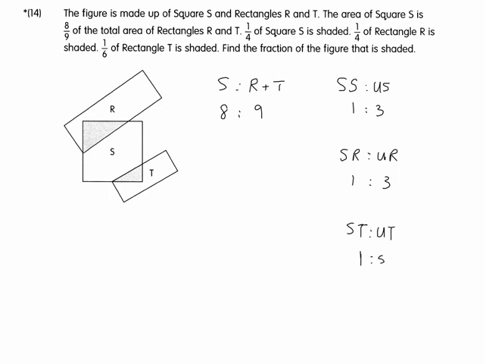Okay, let's consolidate the information we have, okay? I know that the total here is actually 4. I know the total here is also 4. And I also know my total here is actually 6.